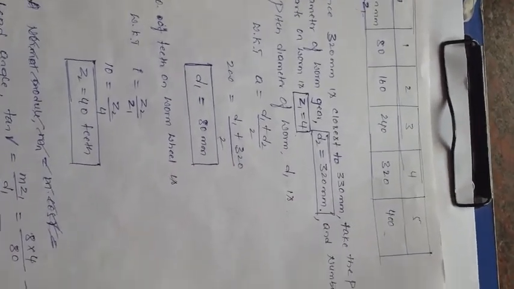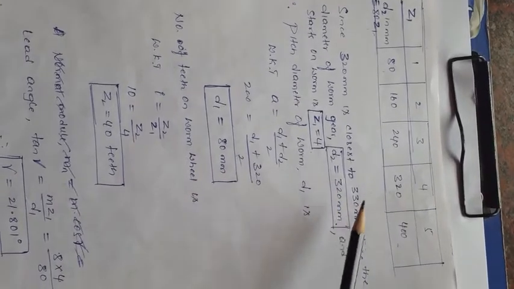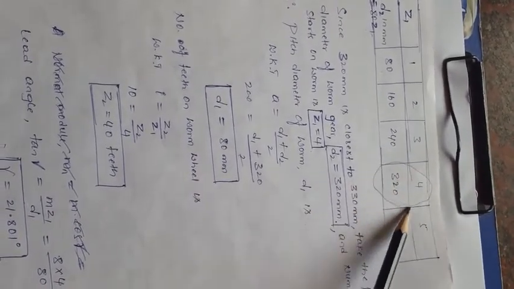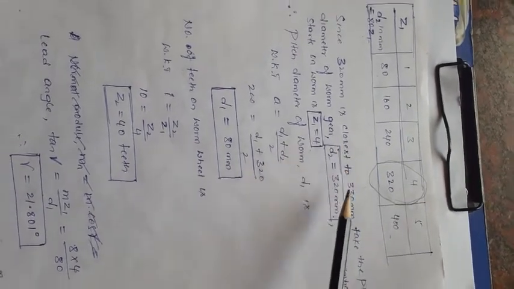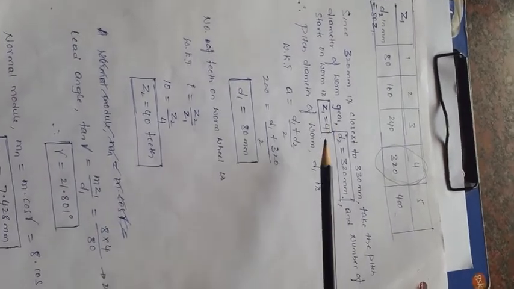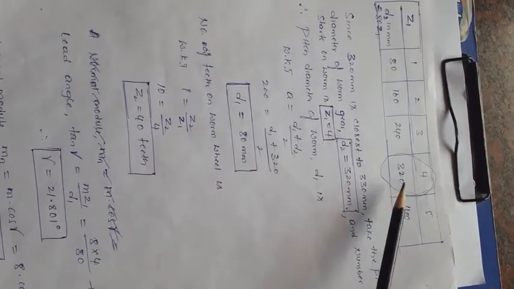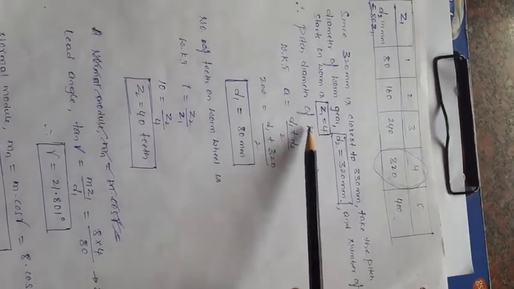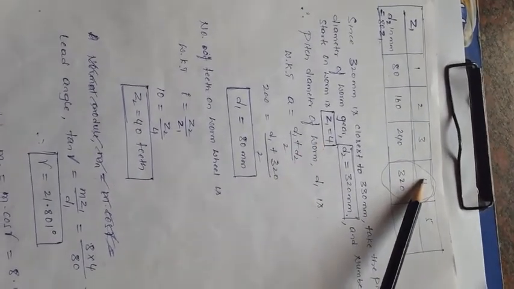From the first estimation, we calculated d2 as 330 mm. The d2 value near 330 mm is 320 mm. Since 320 mm is closest to 330 mm, take the pitch diameter of the worm gear d2 as 320 mm, and the number of starts in the worm z1 as 4.